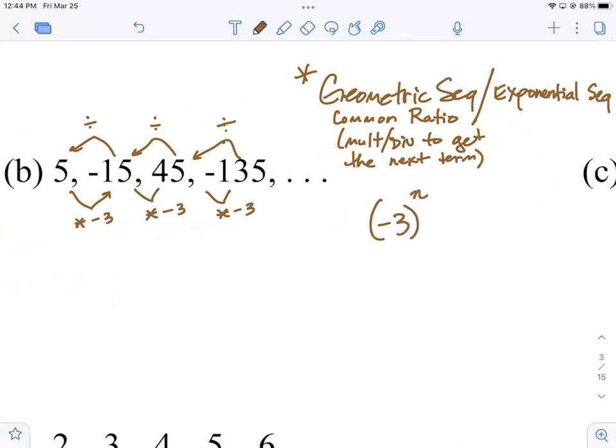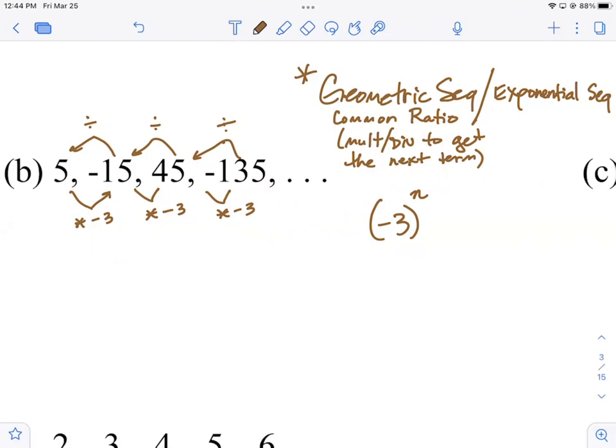Now notice we can't have negative bases for exponential functions when the domain is all real numbers. It doesn't work, because negative 3 to the first power is negative 3, and negative 3 squared is 9. But what's negative 3 to the 1/2 power? Imaginary, right?